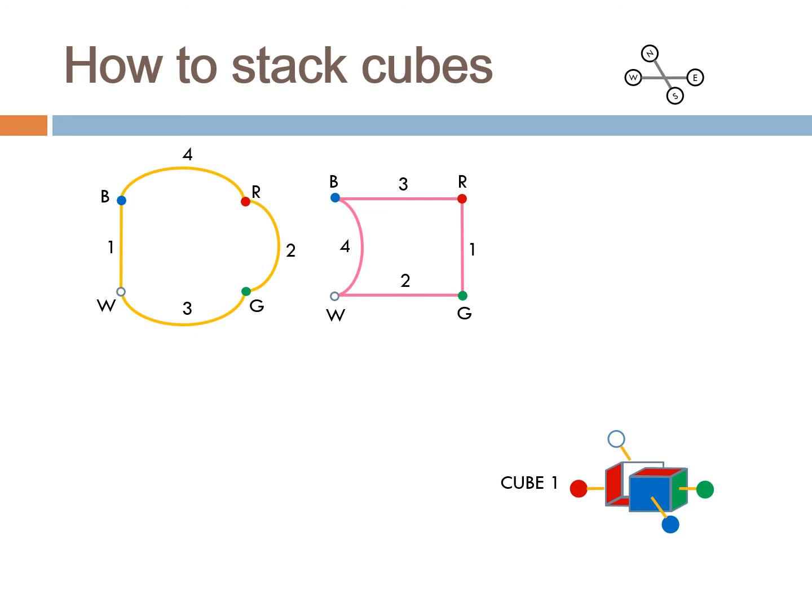Next, look at the edges labeled as 2 from both subgraphs. Place cube 2 on top of cube 1 such that green faces south, red faces north, and another green face faces west and white faces east.